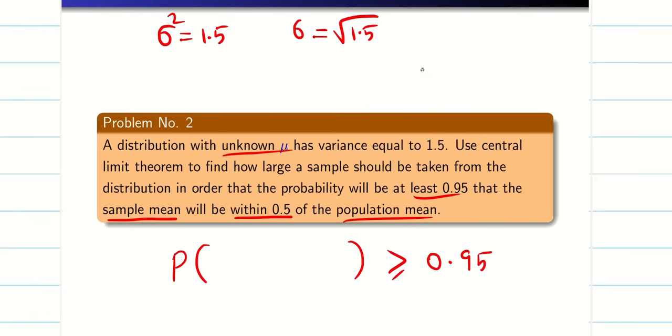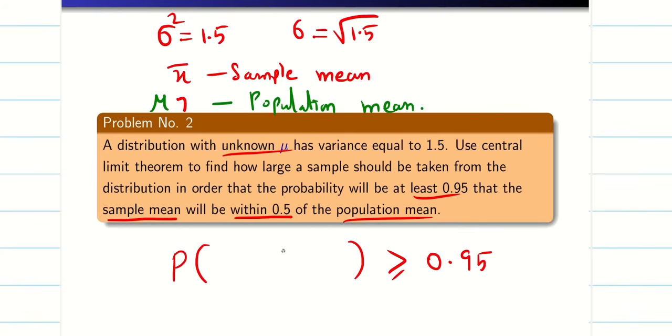So the sample mean is x bar. I already gave all the notations. Sample mean x bar, and mu is going to be my population mean.